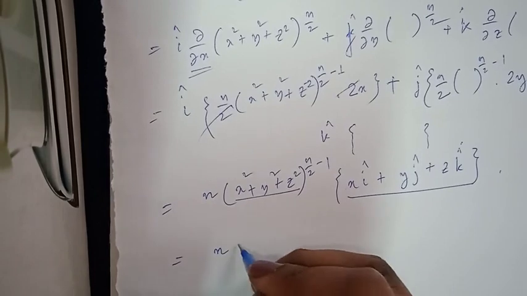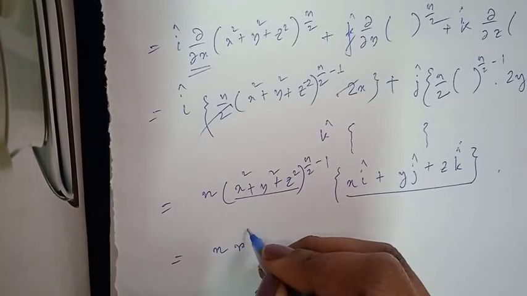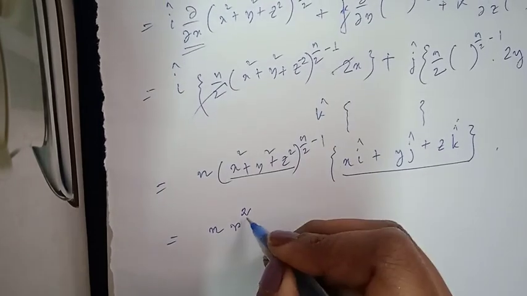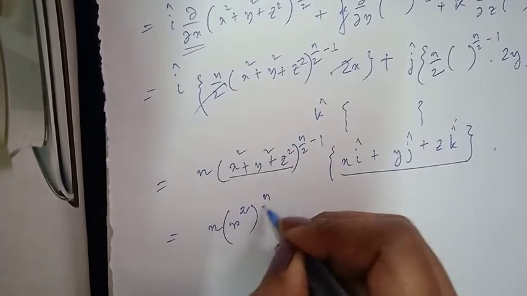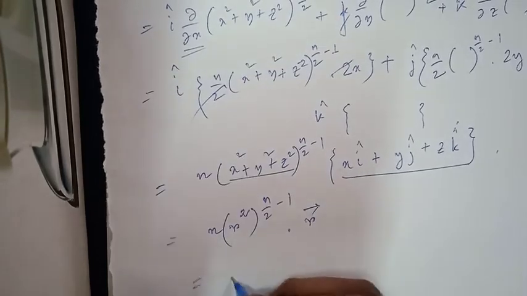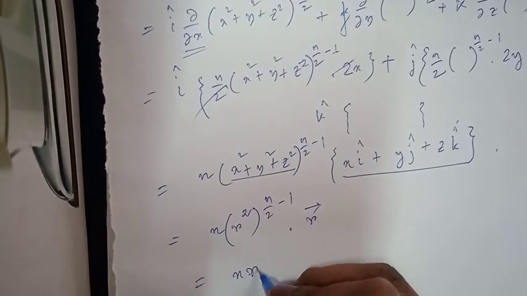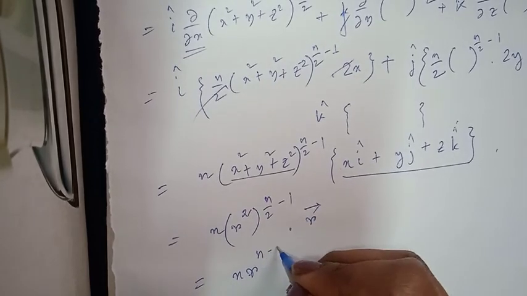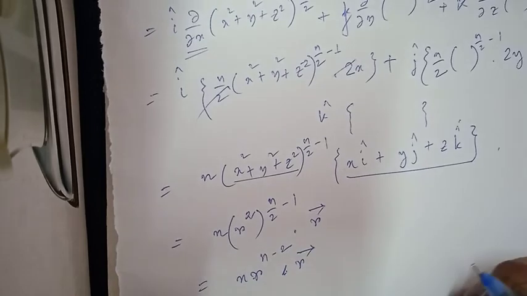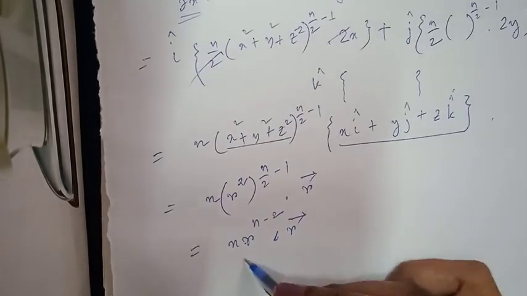So n into mod r square, I'm writing it as single r here as it is mod r, whole to the power n by 2 minus 1, into this, our r vector. Okay, so after simplifying we are getting n r to the power n minus 2 into r vector. Okay, so this is the answer.